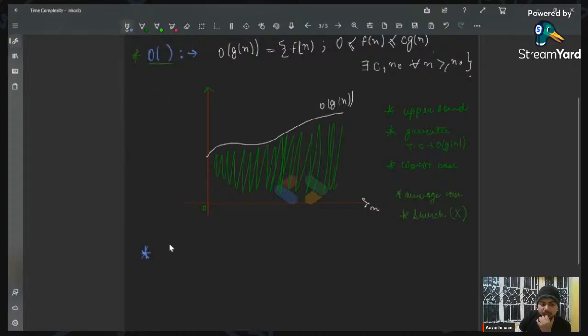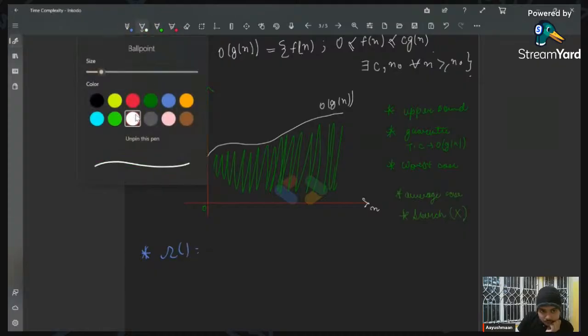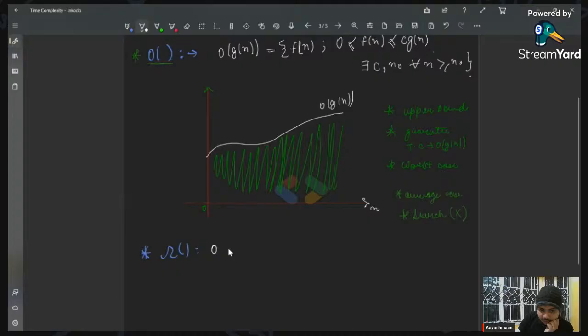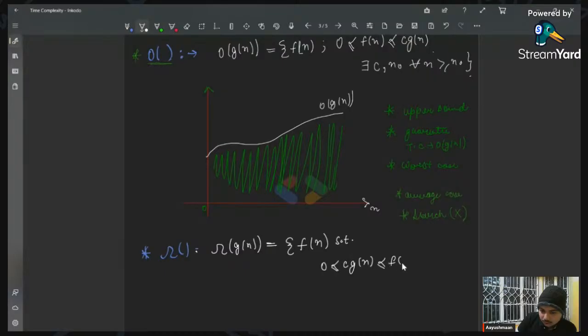Okay, moving on, we have another notation, the omega notation. Look, everything is almost the same, but there is a very small catch here. So a function can be called omega of g(n) if there exists, again a set of functions f(n), such that the function of course is greater than 0, but this time it is actually above this.